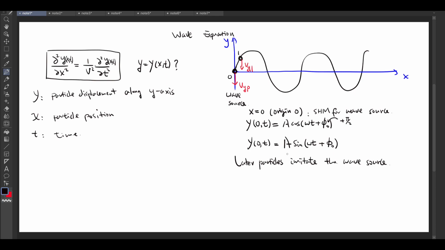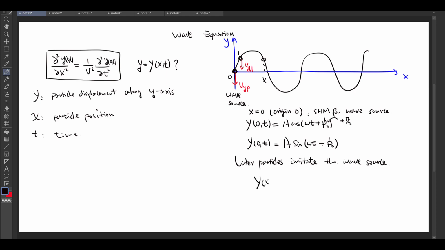So you can imagine that for any position, all these particles, their oscillation y, their equation form is exactly the same as this one, very similar to this one.